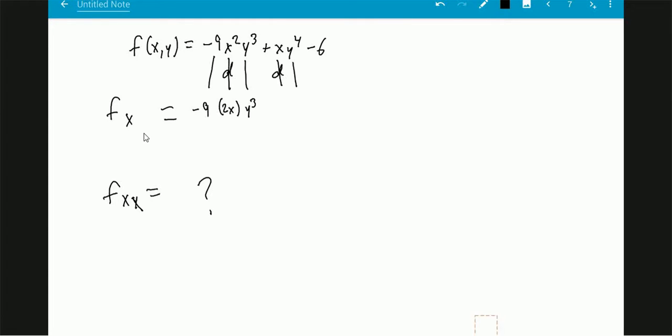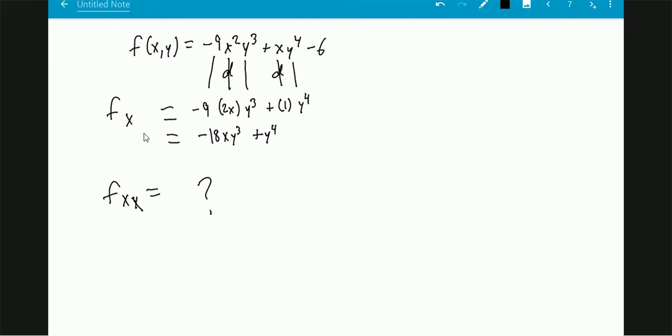I'm only doing the derivative of the x, so the derivative of x is 1. Y to the 4th can come down. And our last term, it's just a number, and we know the derivative of any number is 0. So f sub x is, let's multiply this out, negative 9 times 2 is negative 18 x y cubed, and 1 times y to the 4th would be y to the 4th.